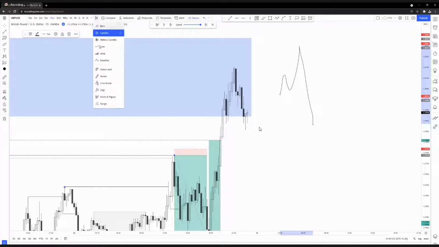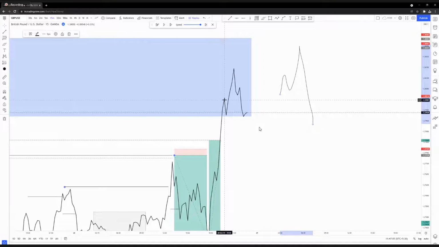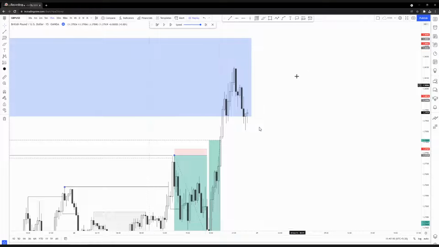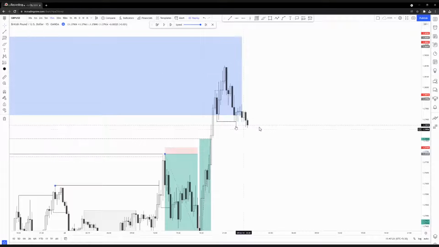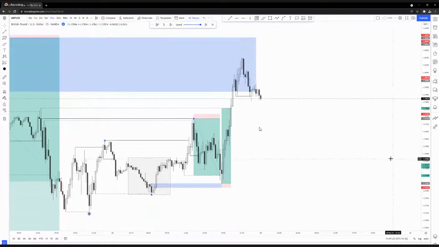See that? Stop hunt, breakout structure. A stop hunt from a swing high and a low that got broken. The low is broken.